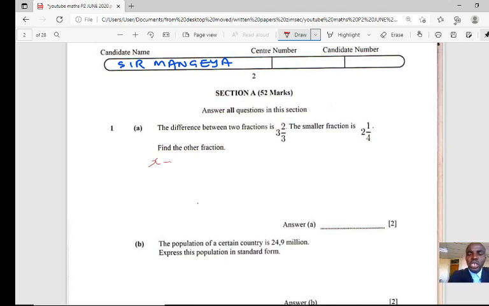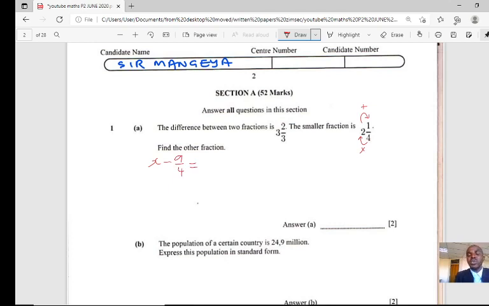So how can you now convert this number to an improper fraction? We say this denominator 4 times this one 2. We multiply this, then plus this one 1. So 4 times 2, what do we get? 8. Then 8 plus 1 on top, it will be 9 over 4. So you write 9 over 4 like this.